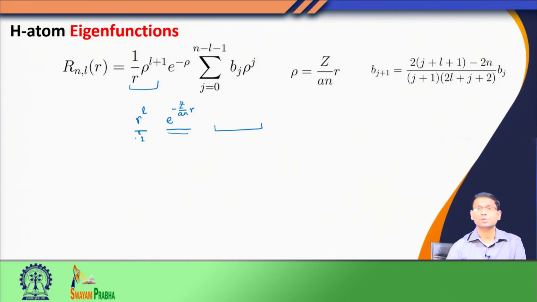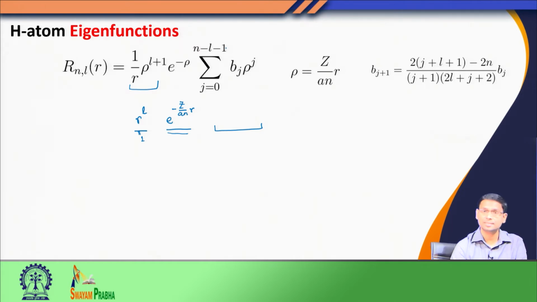Now, the main body solution of this problem is given by this power series. You would see that depending on the value of n and L, I have this polynomial which would come out. So, what will be the order of this polynomial? The order of this polynomial is going to be n minus L minus 1. So, you would have seen this for the 1s orbital, it was 1 minus 0 minus 1.